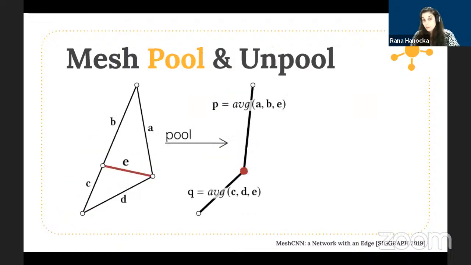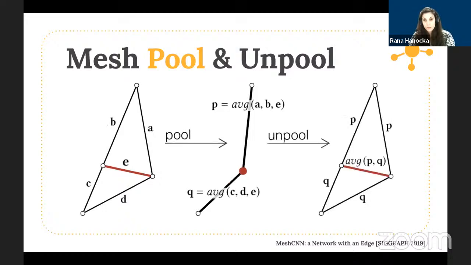We also proposed a pooling operation which reduces the resolution of the input mesh through an edge collapse operation. This forces the network to reduce and strengthen the learned representation. And the input mesh resolution can be restored via an unpooling operation. For more details, check out our paper.